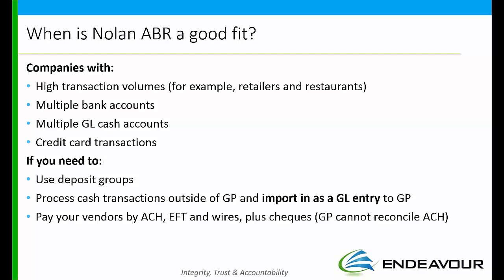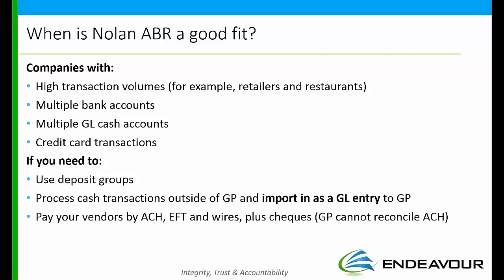Who would need ABR? So ABR is a good fit for companies that either have a high transaction volume, like restaurants and retailers, or that have multiple bank accounts or multiple GL cash accounts, and also deal with credit card transactions. Also, if in your bank statement you have deposits that are summarized, you might need deposit groups on the GL side.